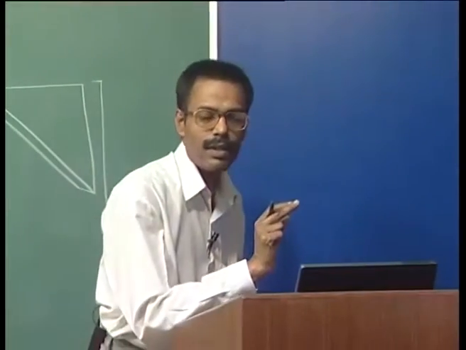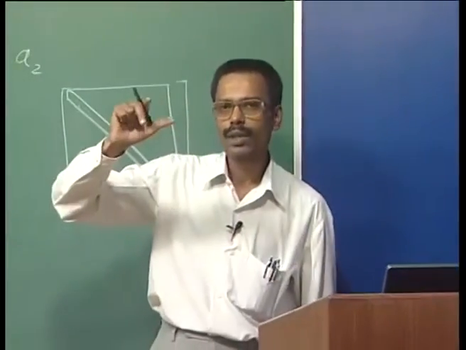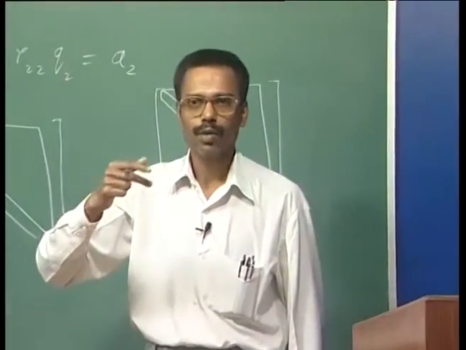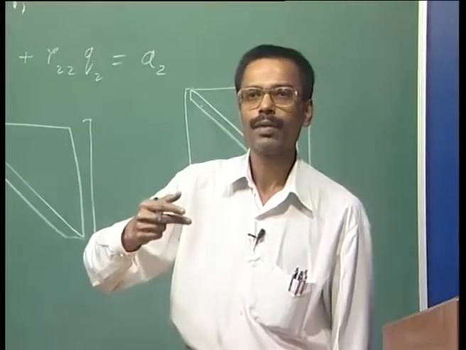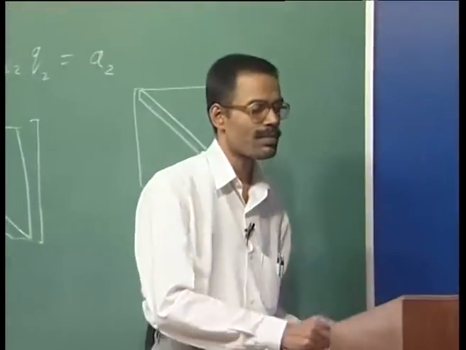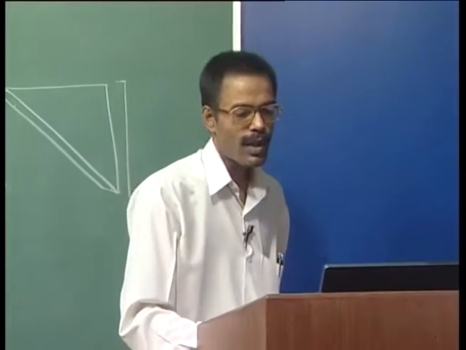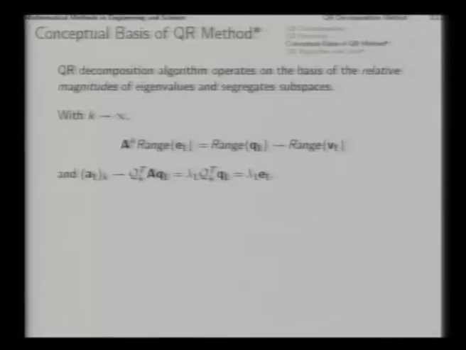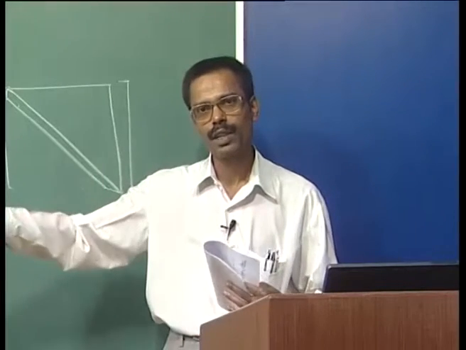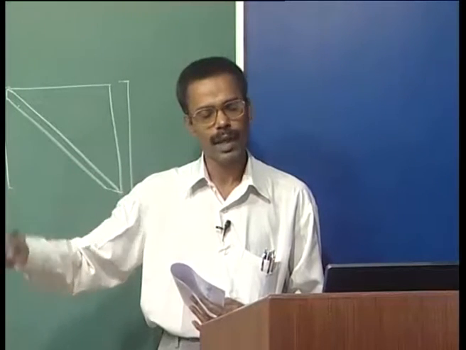And this is the reason why the diagonal blocks cannot break down completely if quite a few eigenvalues are of almost equal magnitude. That is the only limitation. So if you follow through this conceptual basis, you will find that towards the end you get subspaces which are separated from each other based on their eigenvalue magnitudes.